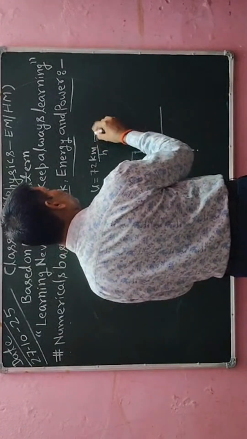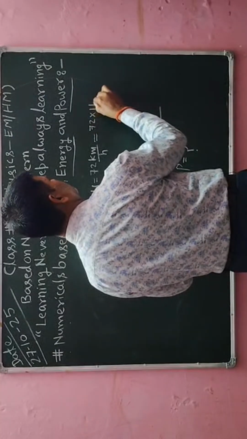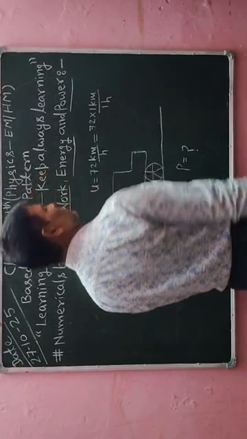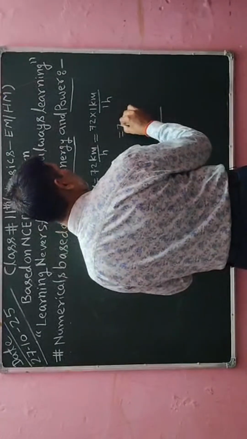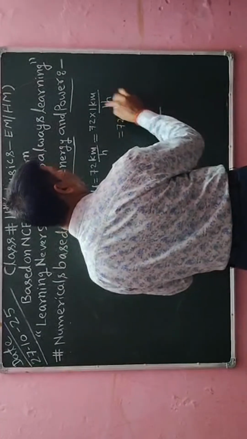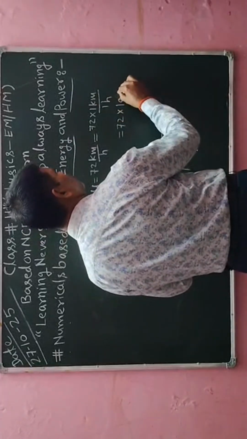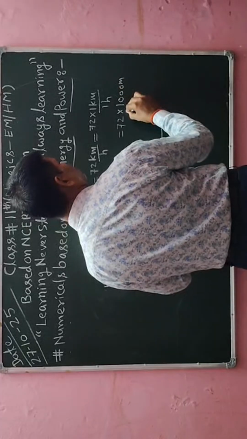So I can arrange it like this: 72 into 1 kilometer divided by 1 hour. There is no issue. Here I can put 72, and 1 kilometer is equal to 1000 meter, so in the place of 1 kilometer I can put 1000 meter.